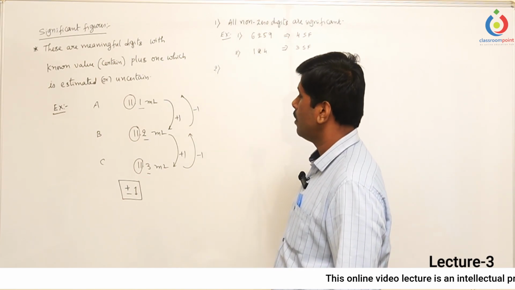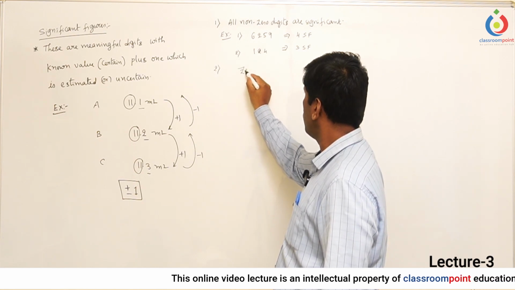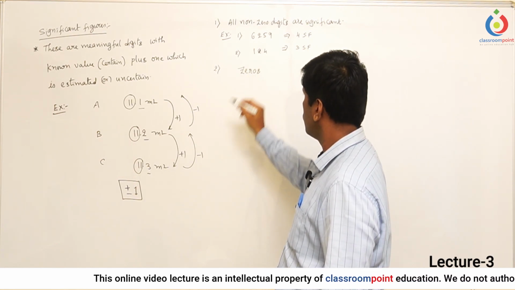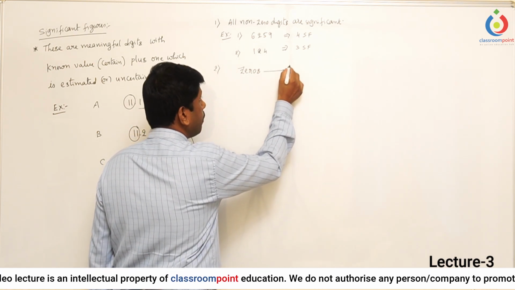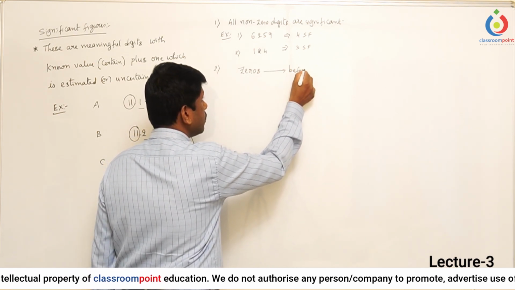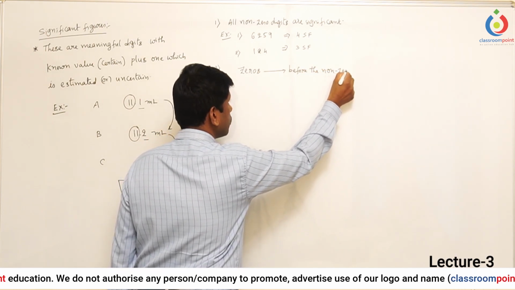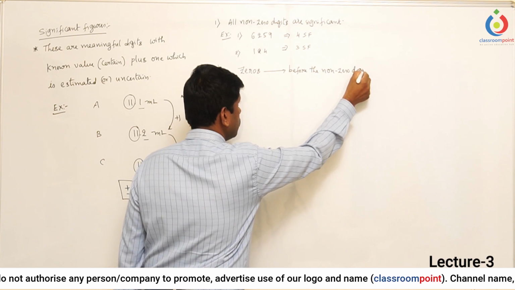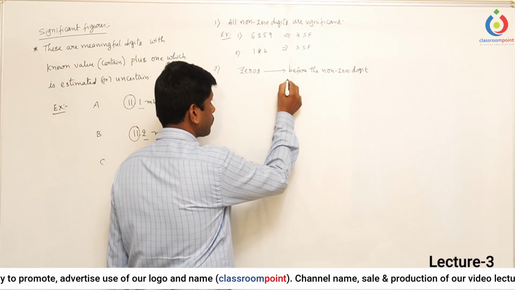Next one is about zeros. So how to deal with these zeros? Zeros, if they come before the non-zero digit, are not significant.